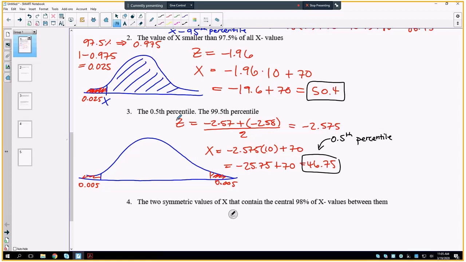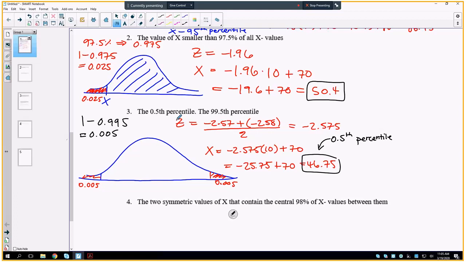So using the symmetry, I don't even have to do 1 minus, because if I did 1 minus 0.995, I would find out that that's 0.005. And I already know that guy.